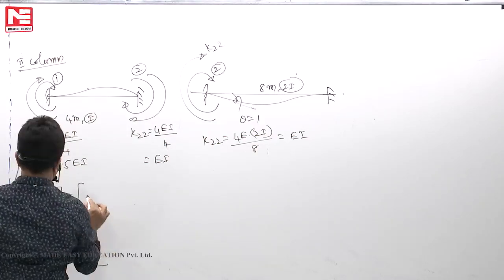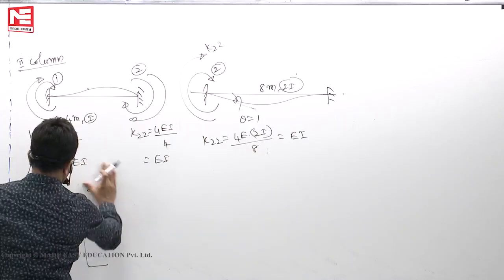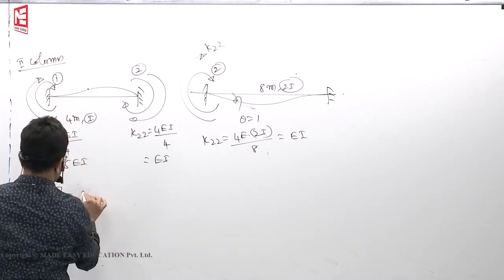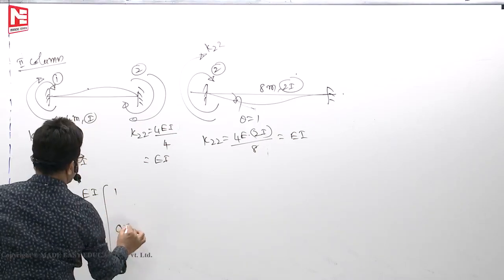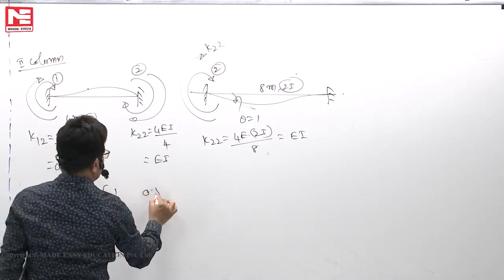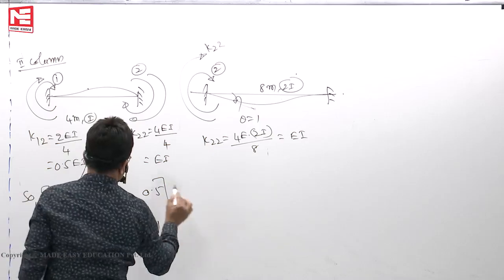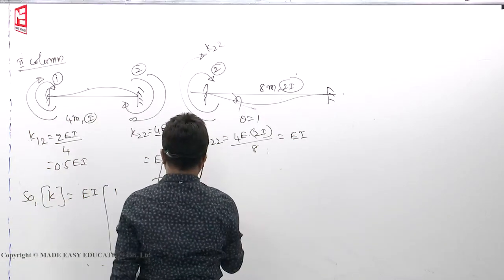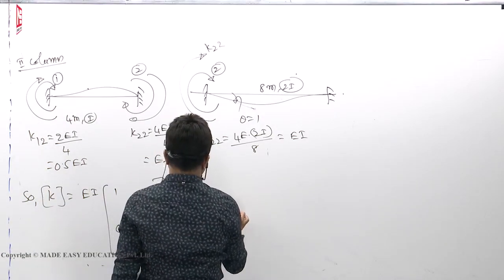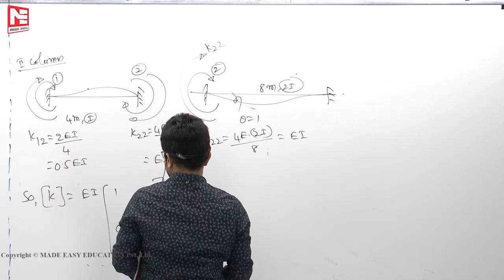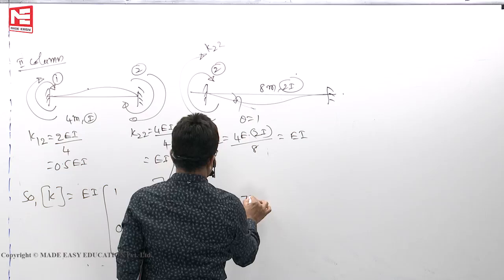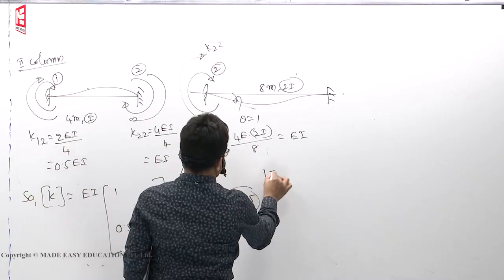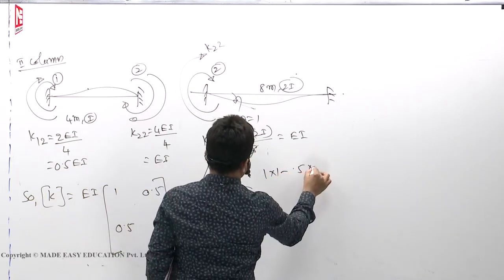First column 2. EI common factor will take it. 1.5. Here 0.5, 1. He is asking determinant. So 1 into 1 minus 0.25. So 0.75. 1 into 1 minus 0.5 into 0.5.